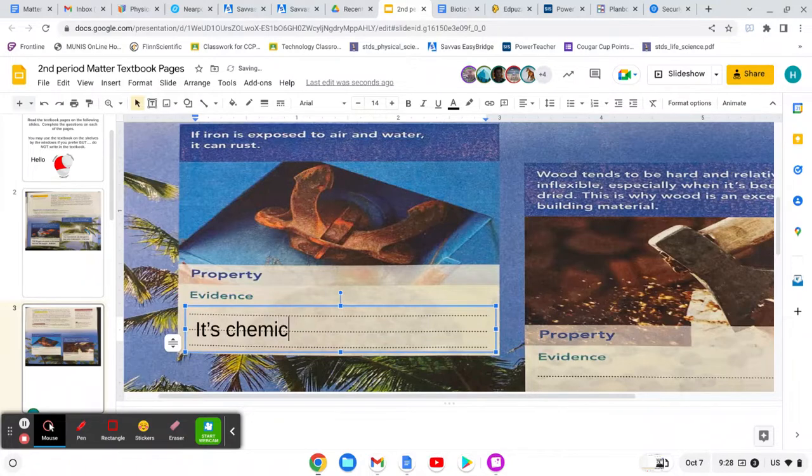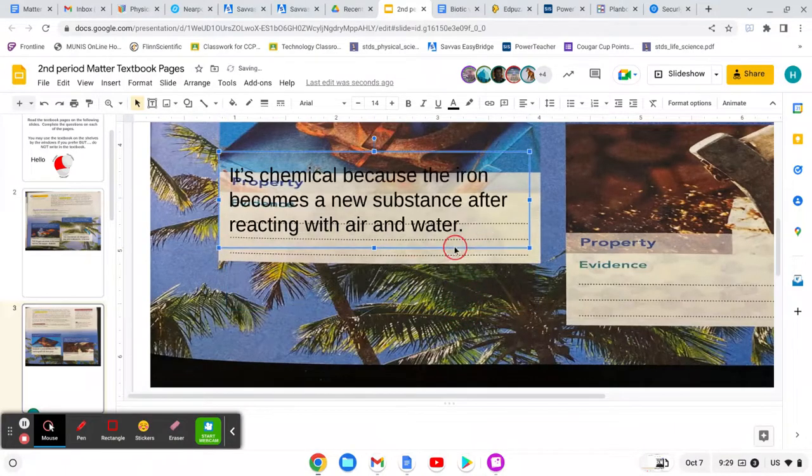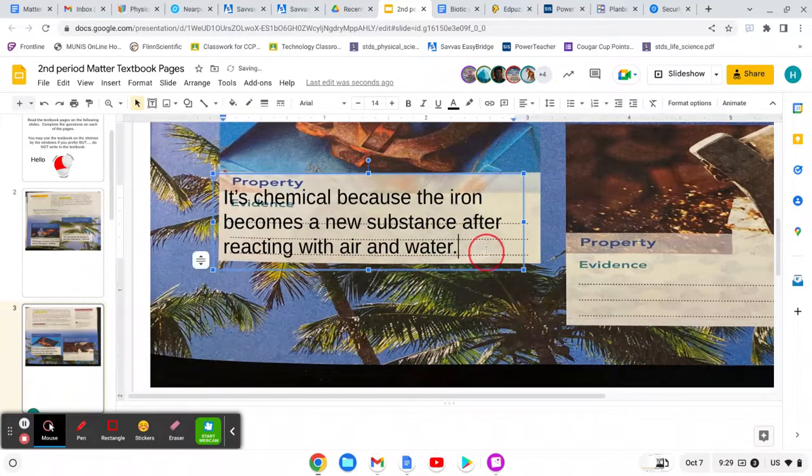So it's chemical because remember, it's the iron. We're going to assume that it's iron. The iron becomes a new substance after reacting with air and water. And what is that new substance? Everybody, what's that new substance? What happened to it? It rusted.